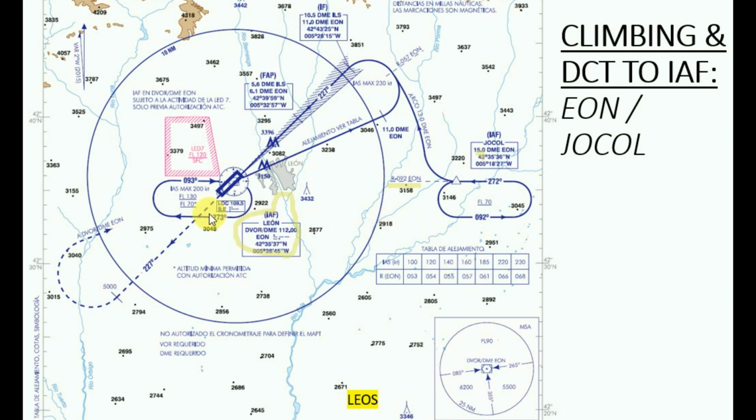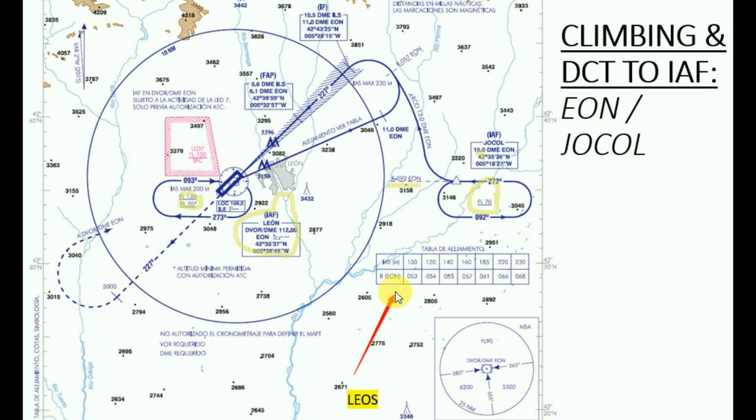We need to check that in this case both initial approach fixes have the minimum holding altitude, which is flight level 070. So it means that when we overfly one of those points, we're supposed to be at flight level 070 or above.